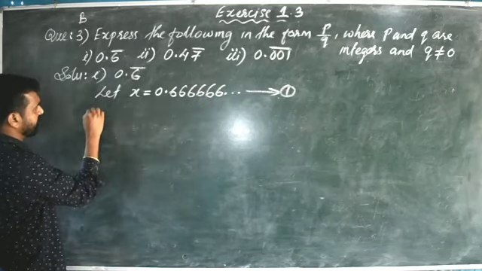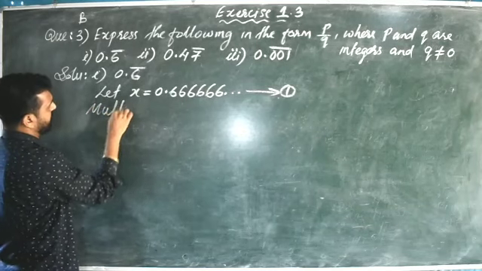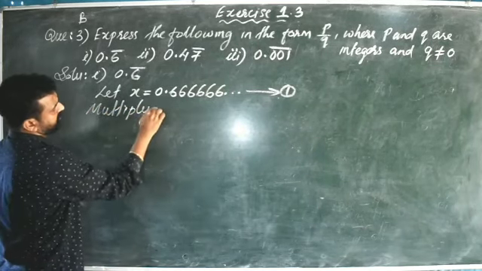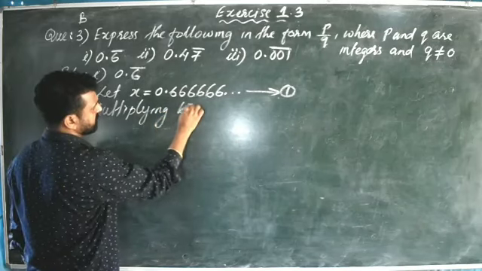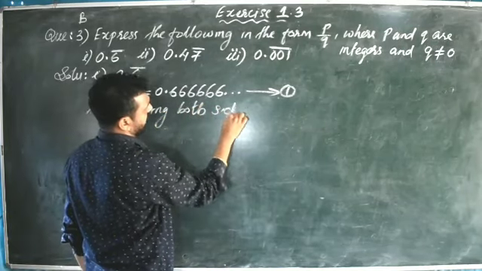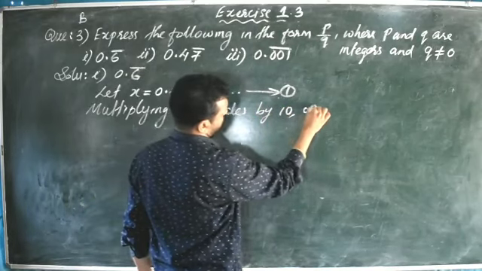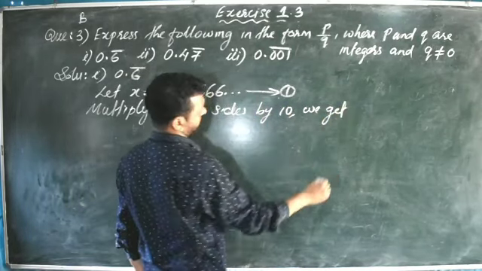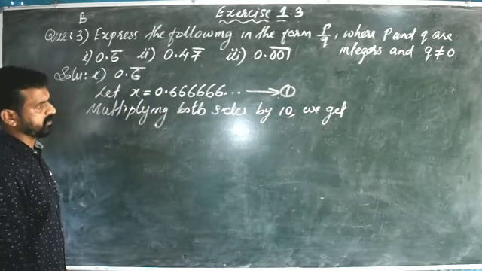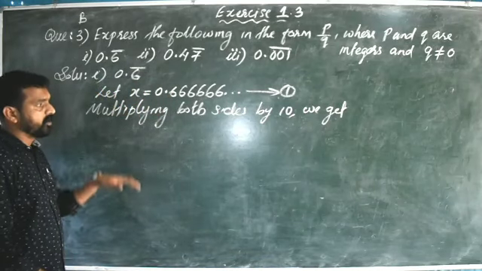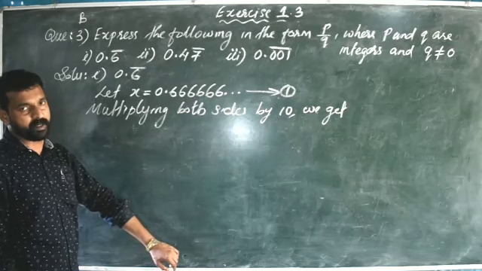After that we will write, multiplying both sides by 10, we get, what is that? Now I will tell you why I am multiplying by 10.